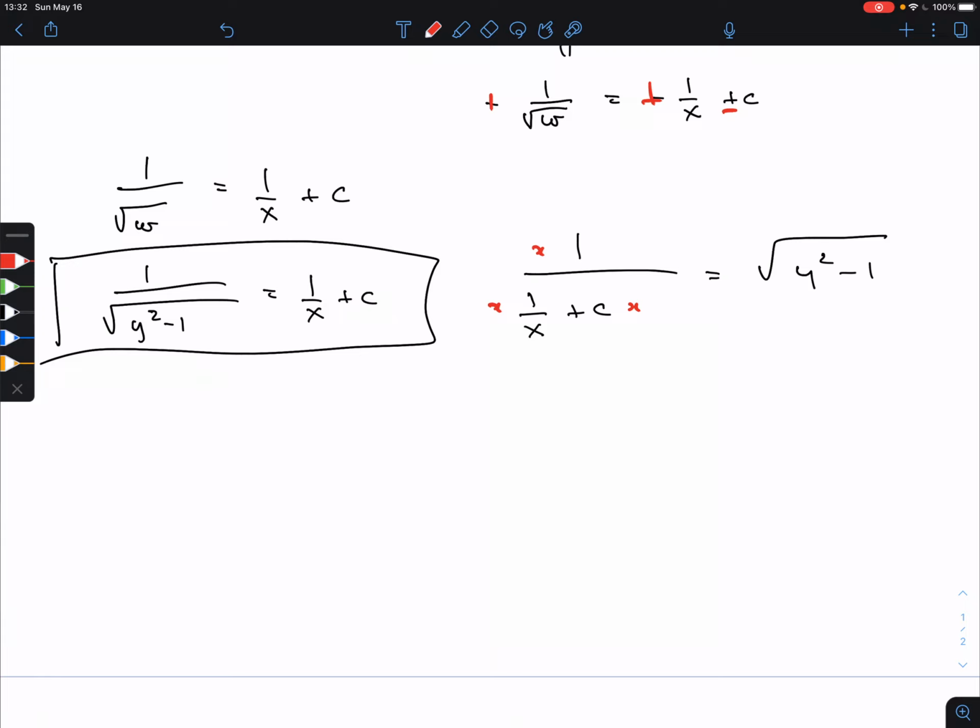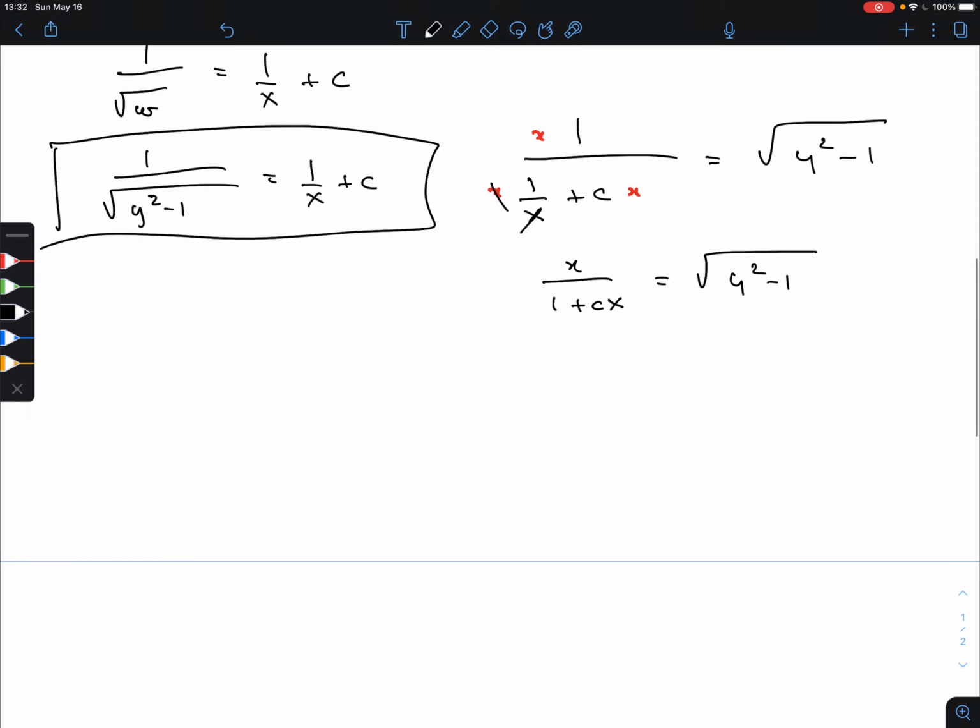That doesn't change my fraction, but it gets rid of the denominator there. So I get x, these x's cancel, 1 plus cx, and that is equal to radical y squared minus 1. Now, of course, I want to get rid of the radical, so I'm going to square both sides.